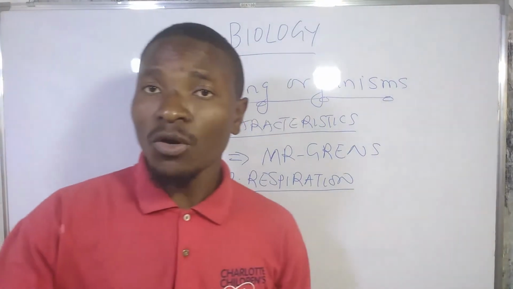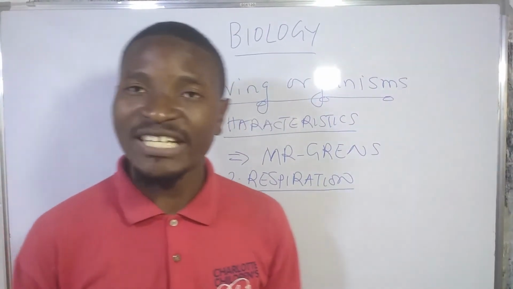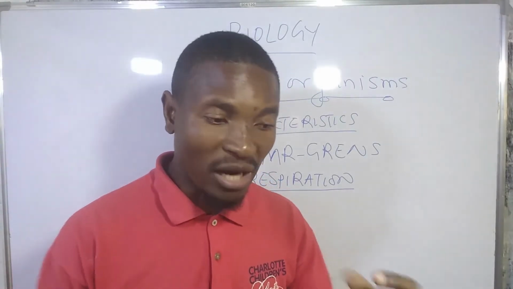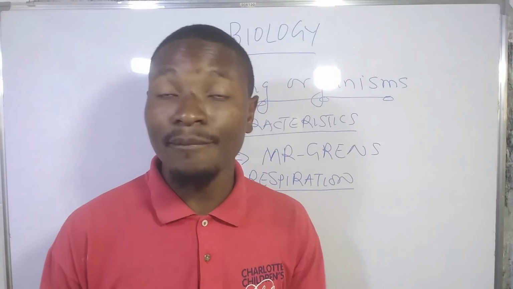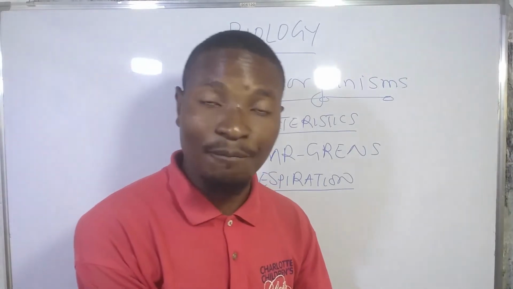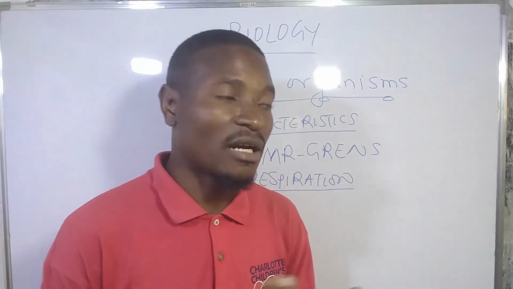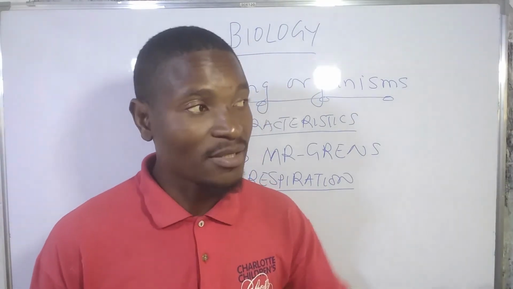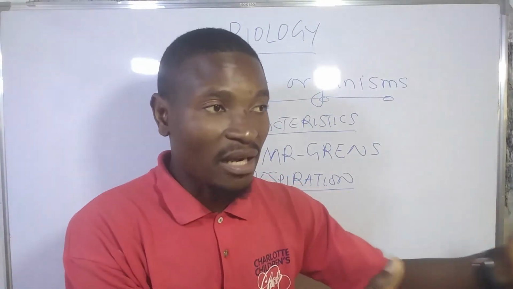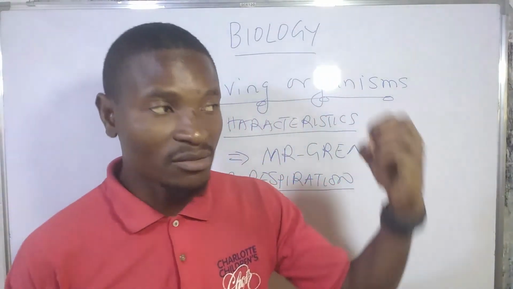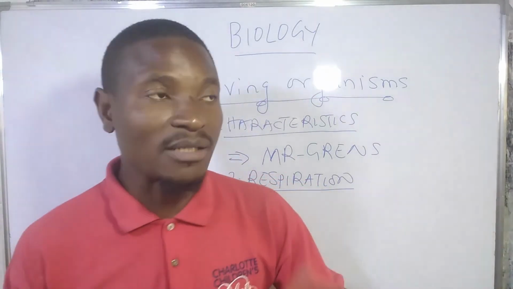So why respiration? Respiration is one of the key fundamentals of the processes which fall under metabolism, which is catabolism and anabolism. Respiration is the breaking down of large complex molecules, like glucose. Glucose breaks down into carbon dioxide, water, and some energy.